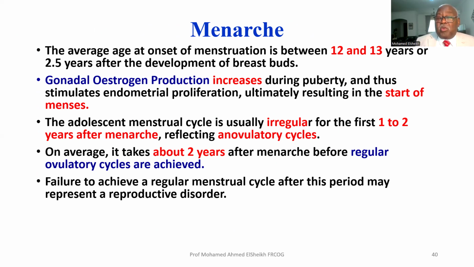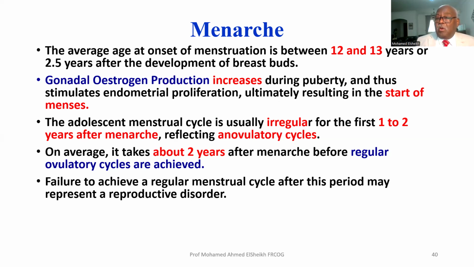Gonadal estrogen production increases during puberty and thus stimulates endometrial proliferation, ultimately resulting in the start of the menses, the way we have just discussed in the changes that occur in the endometrium. The adolescent menstrual cycle is usually irregular for the first 1 to 2 years after menarche, reflecting anovulatory cycles.